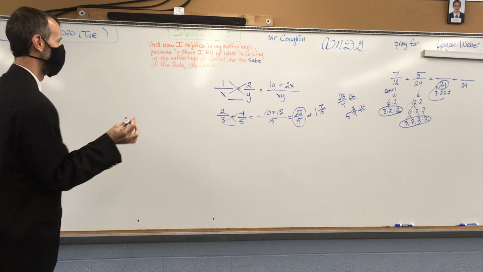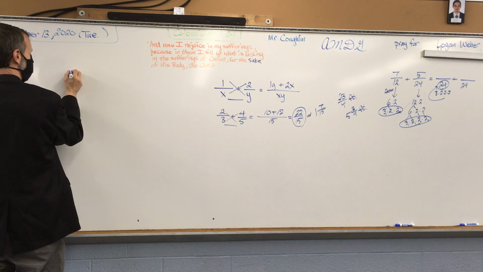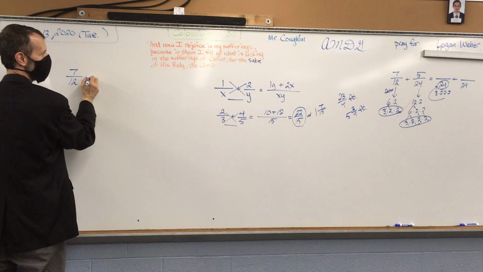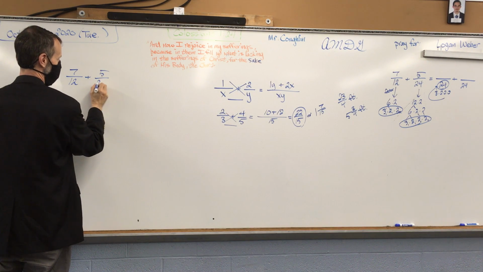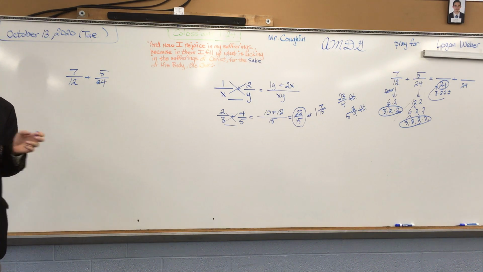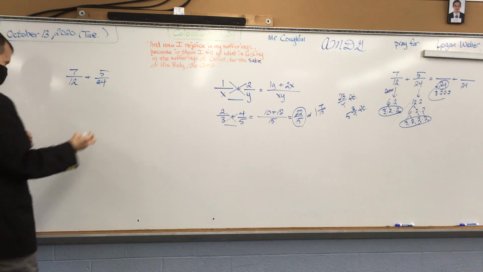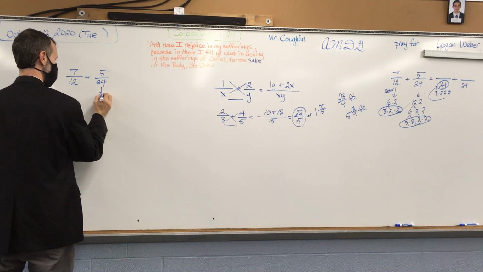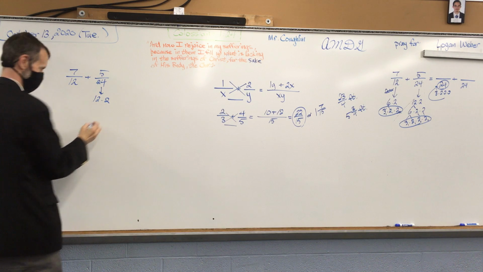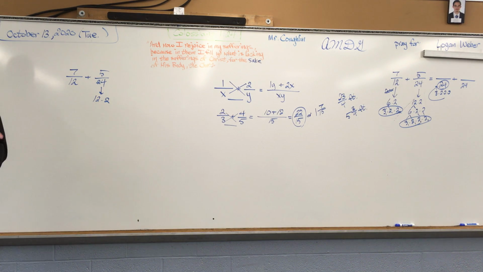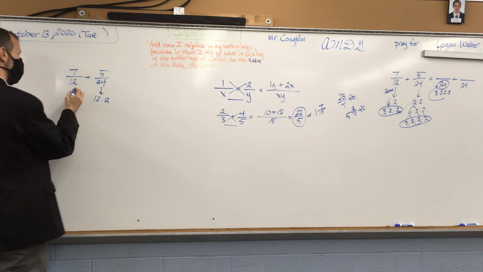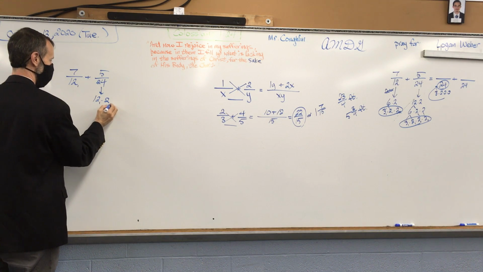Let me show you another way to do that same problem that's a little faster. 7 over 12 plus 5 over 24. Nothing says you absolutely have to factor it all the way. This is 12 times 2. Try that as the banquet. There's a 12, the same 12, and a 2.